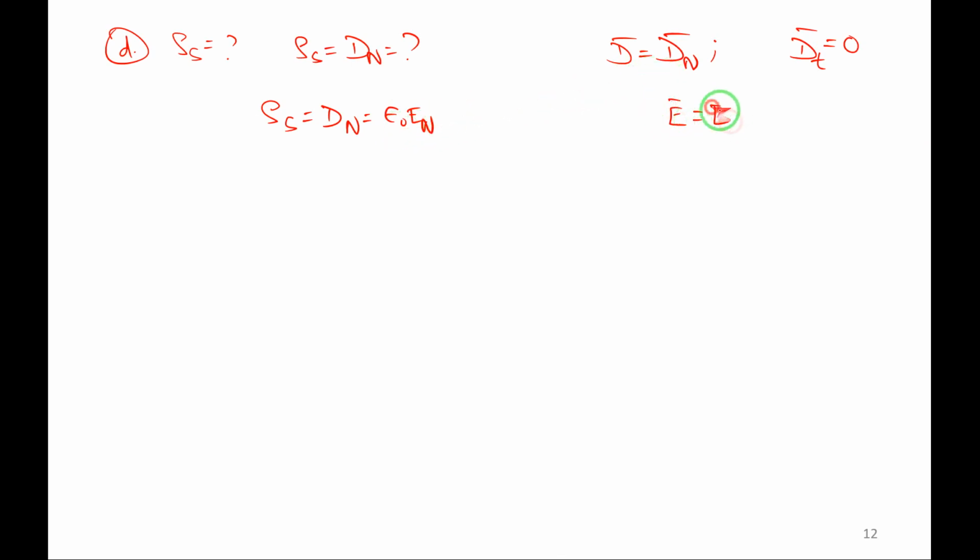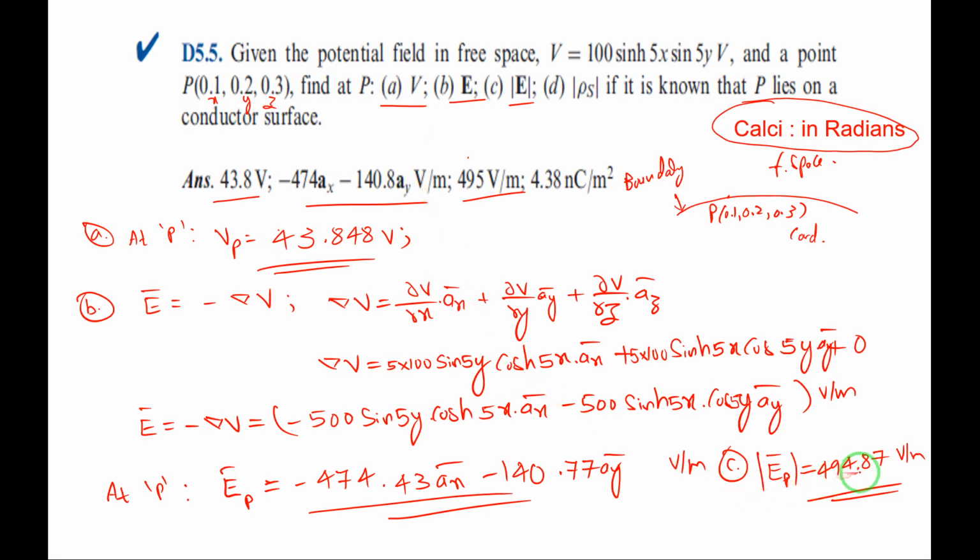E vector is equal to En only, because by the boundary conditions the tangential component Et is 0. Whatever field I have is the normal component only. This will be very easy. Rho s equals epsilon naught En. What is the magnitude? We got En as 494.87.